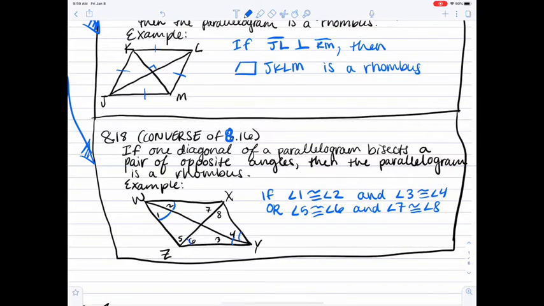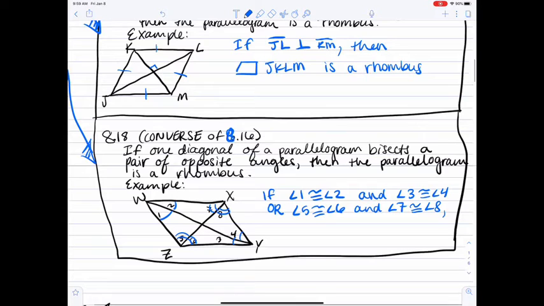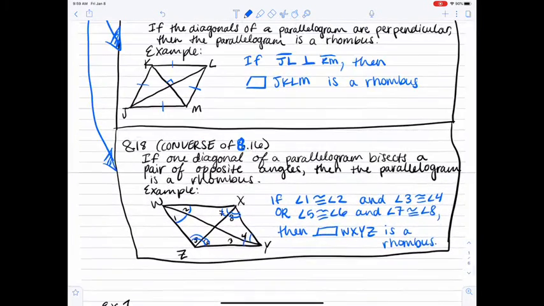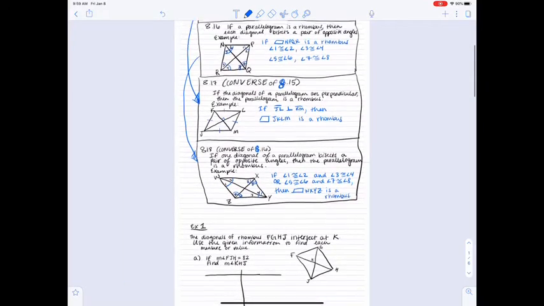So the diagonal bisected that. Then parallelogram WXYZ is a rhombus. Okay, so we learned 4 new theorems there, but 2 of them were just converses of the other ones.